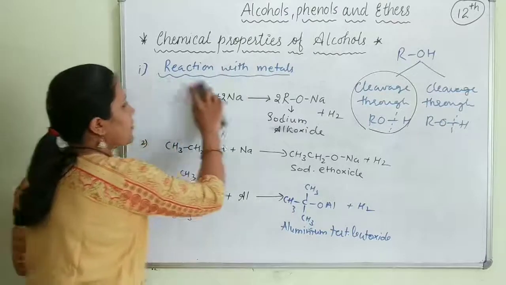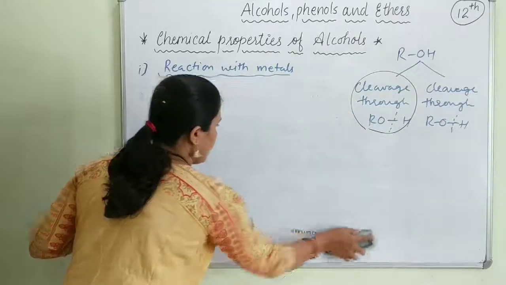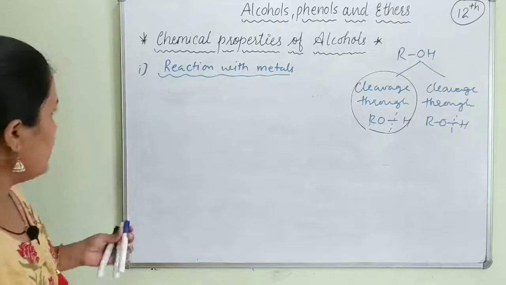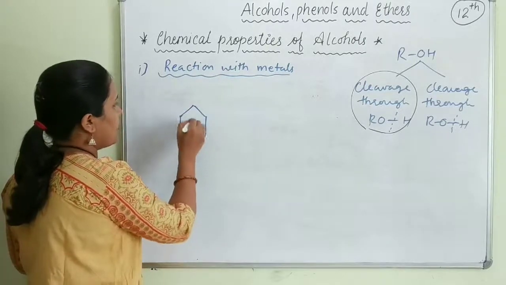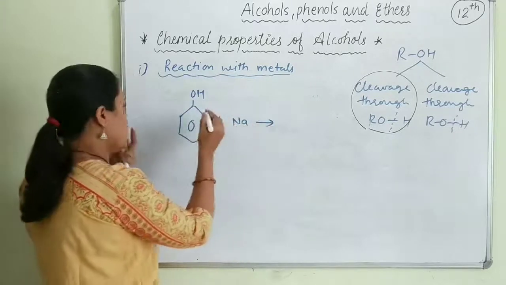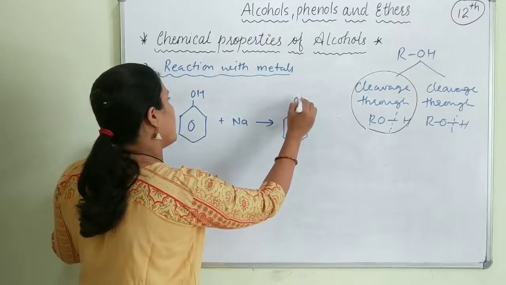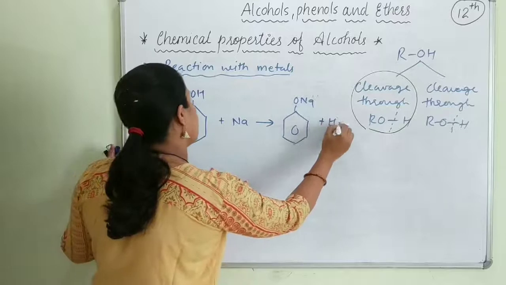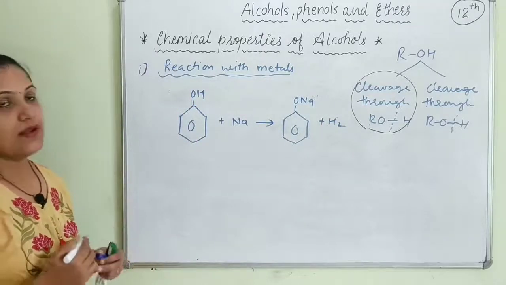Now we have seen the reaction with alcohol. Now let's see one reaction with phenol also. When we see the reaction with phenol, we can observe that when phenol reacts with sodium metal, it also forms phenoxide ion, and H2 gas will get released.